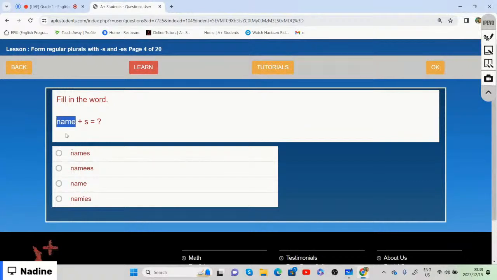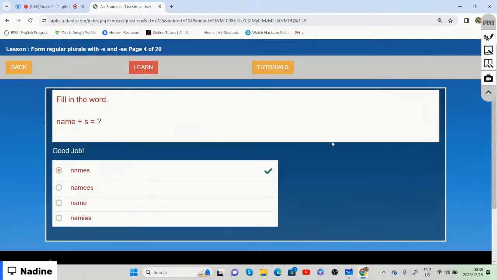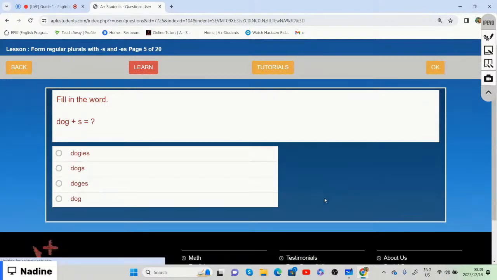So basically, one name plus S equals names. And names is correct.